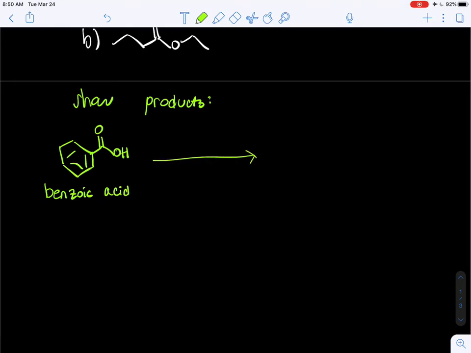And we can treat that with an alcohol under an acid catalyst, and we want to draw the products.